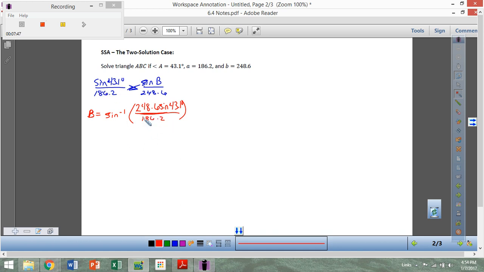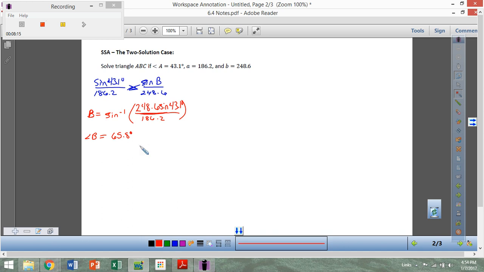Now I hope that we can get there, so it's only one step, and it's going to be a lot quicker for us, especially if I have to try to find a couple of different triangles that have that information. So if I do the inverse sine of that, my calculator tells me 65.8 degrees.